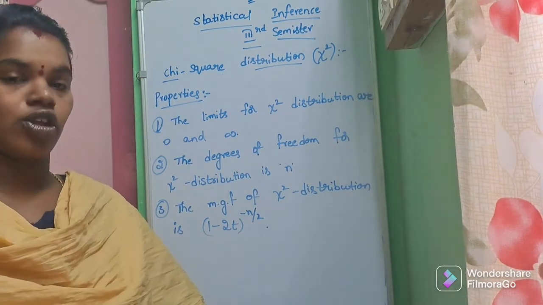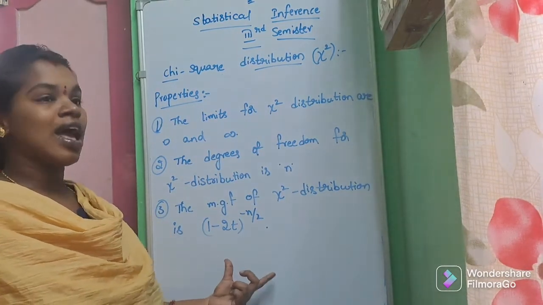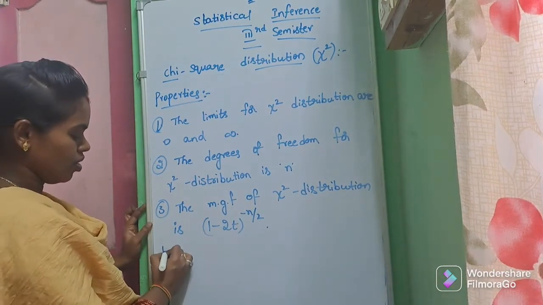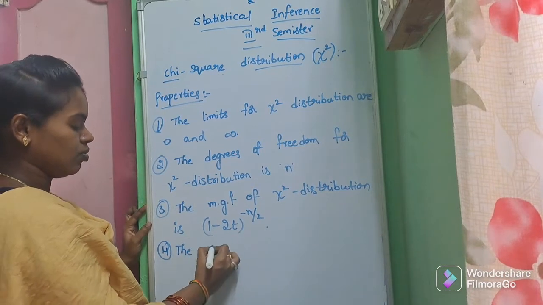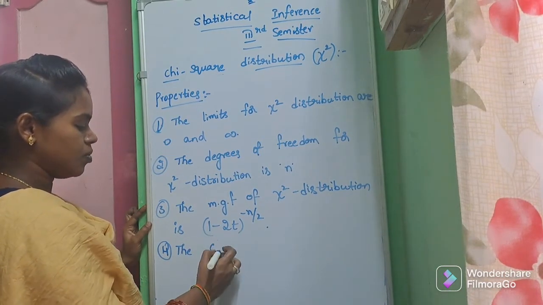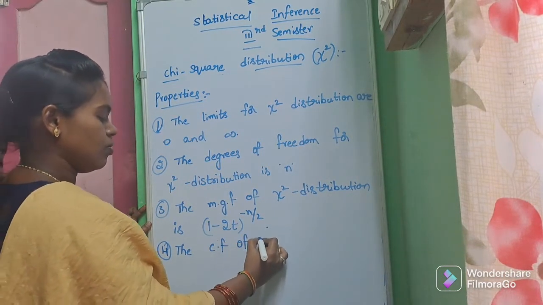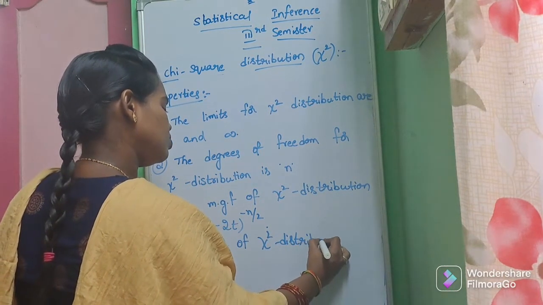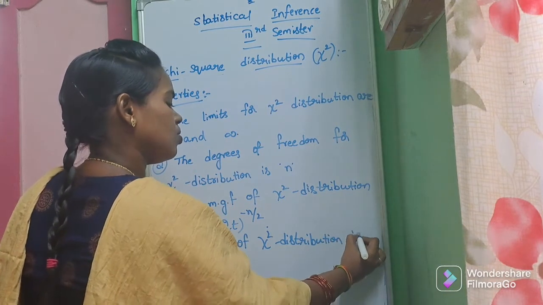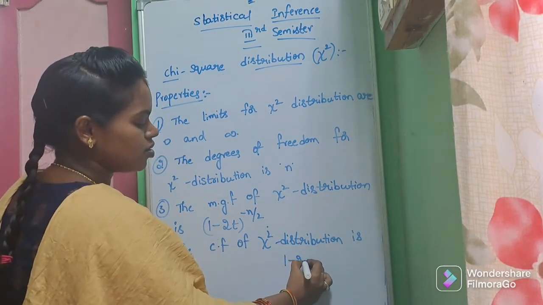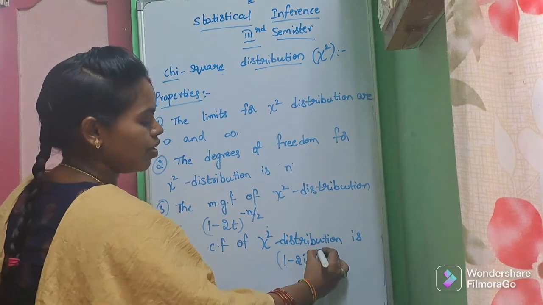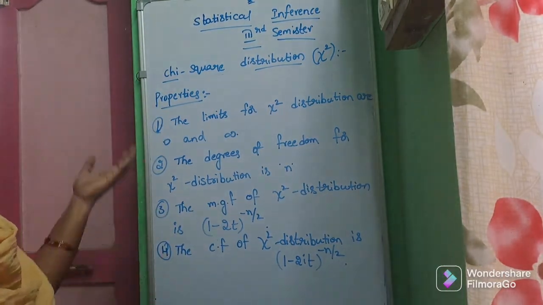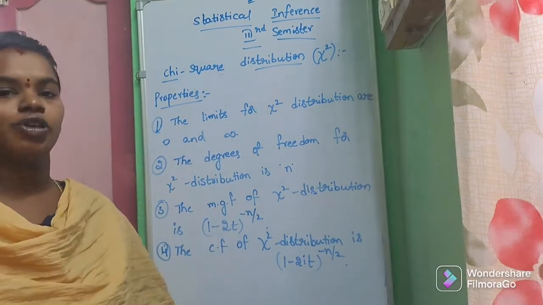And the last one, the characteristic function of the chi-square distribution, is (1 minus 2it) whole power minus n by 2. These are the properties of the chi-square distribution.